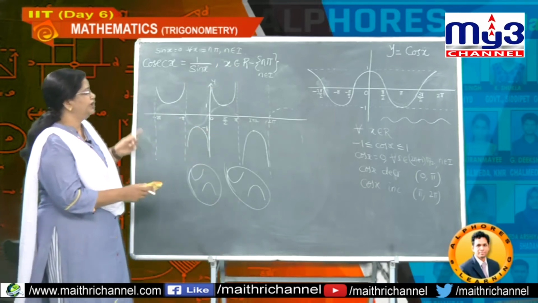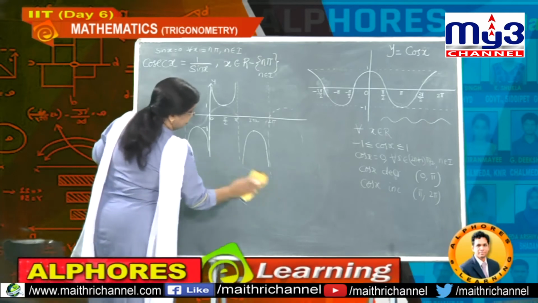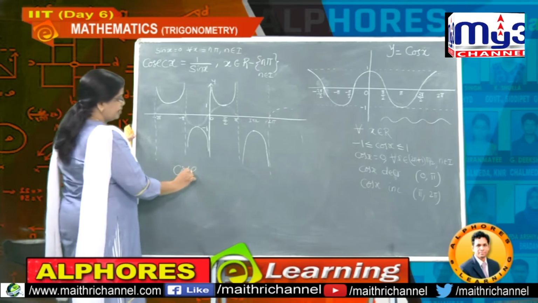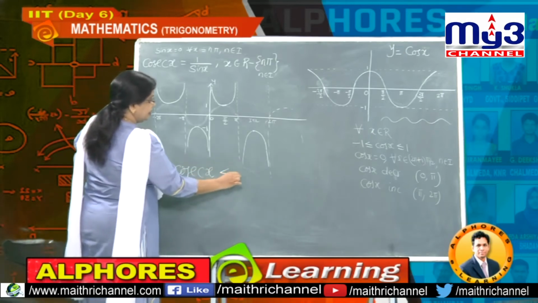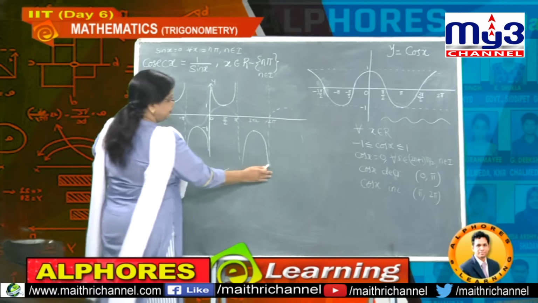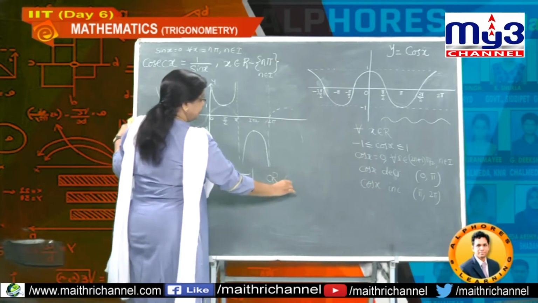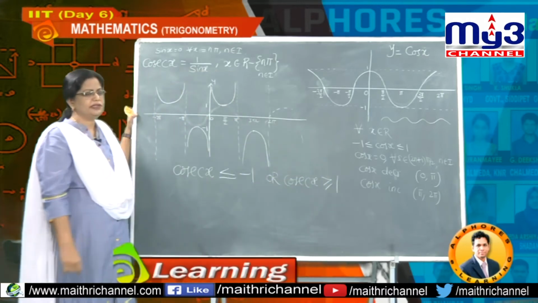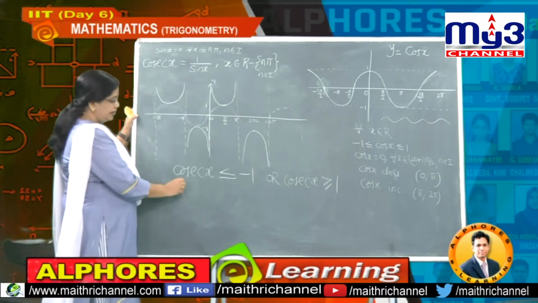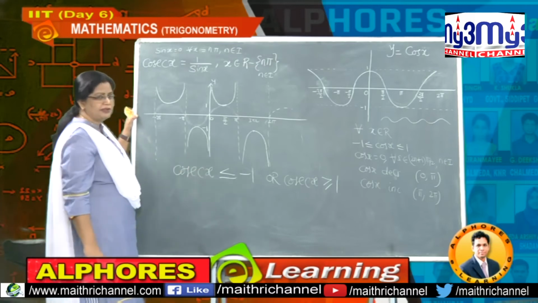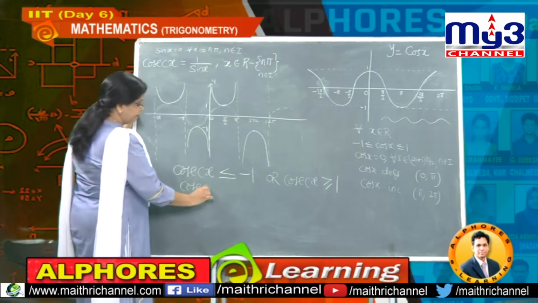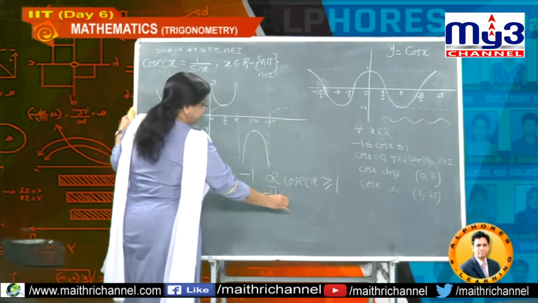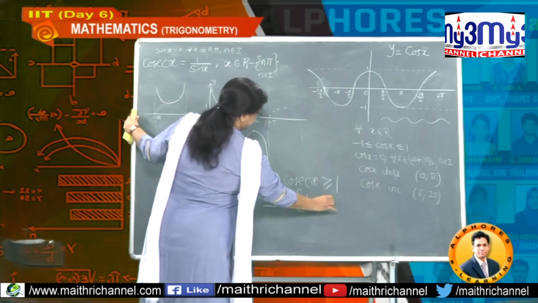So what about here? Cosecant x is lying in between what type of values? Cosecant x values are less than or equal to minus 1, or cosecant x values are greater than or equal to which one? Plus 1. Understand students? That implies cosecant x values are taking values from minus infinity to minus 1, at the same time union, it is 1 comma infinity.